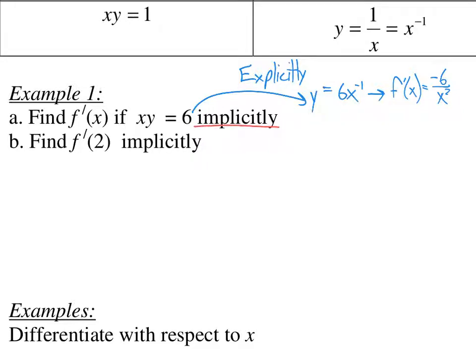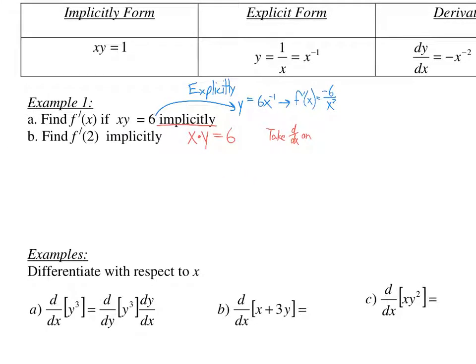So, when I'm doing this implicitly, I'm going to view this as x times y equals 6. Now, what I'm going to do is take the derivative with respect to x on both sides.